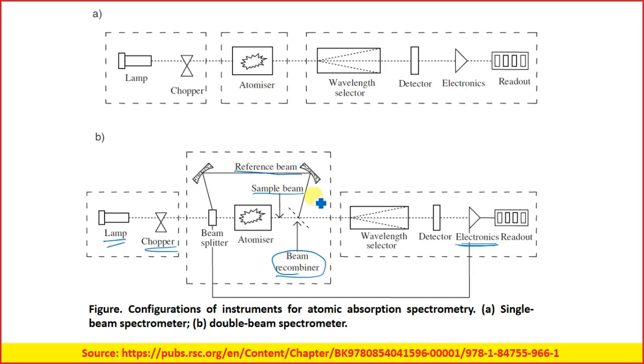Then those beams fall onto the wavelength selector and are amplified, and after amplification the electronic components read out, with all the information on which is from the sample beam and which is from the reference beam, and record that, and finally you get the output.